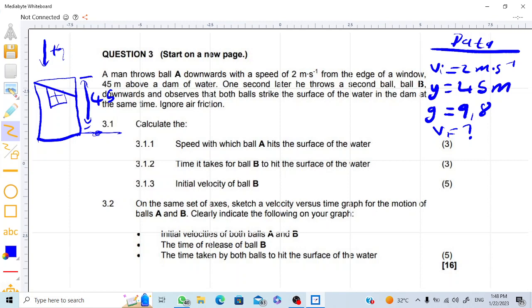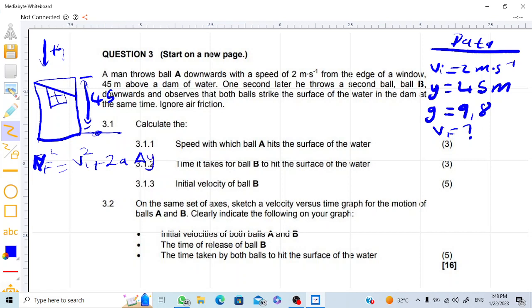Now the formula that is fit is the formula that says VF squared is equal to VI squared plus 2a delta y.